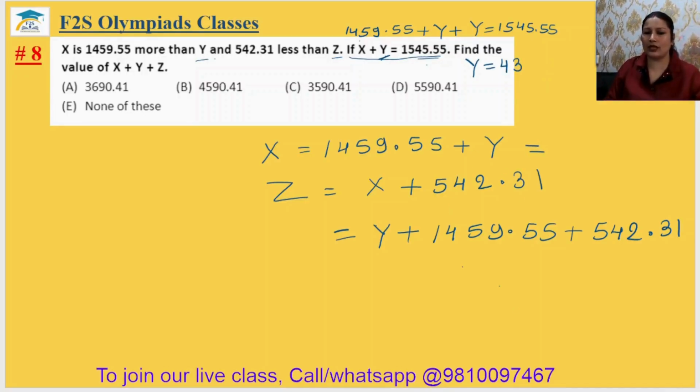So X will be equal to 43 plus 1459.55. It is equal to 1502.55.